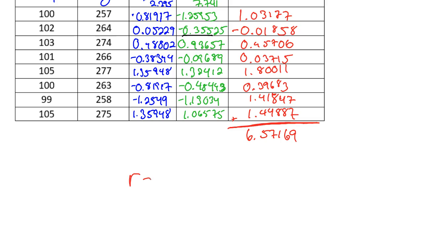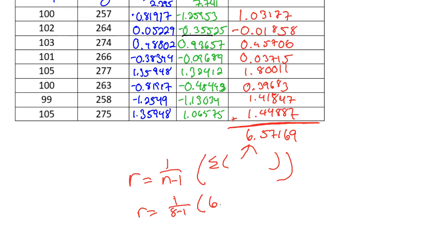Now R is 1 over n minus 1 times the sum of this value that I just calculated. So n, I have 1, 2, 3, 4, 5, 6, 7, 8 pairs here. So that's going to be 8 minus 1 times 6.57169.